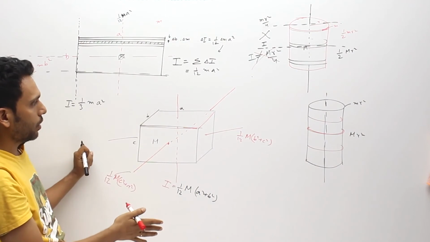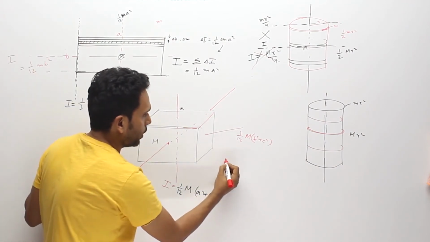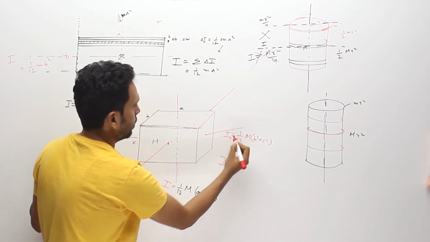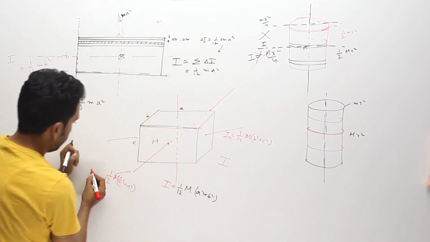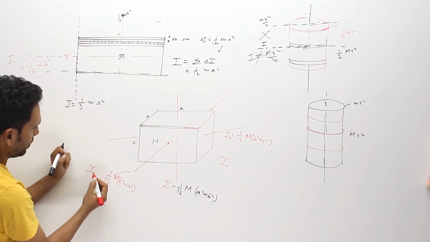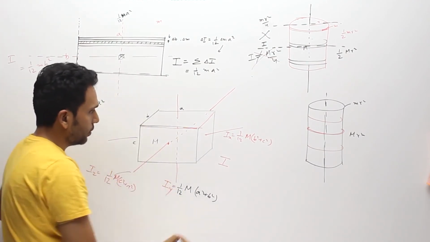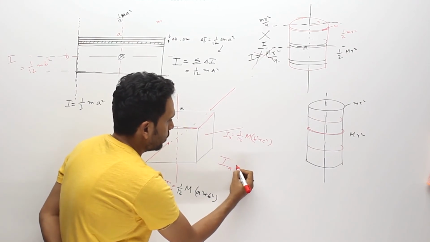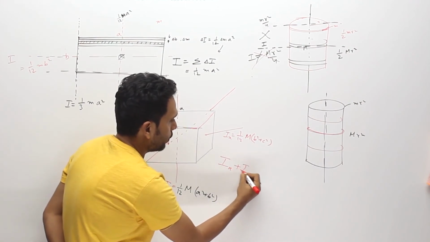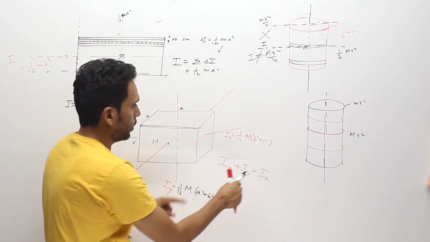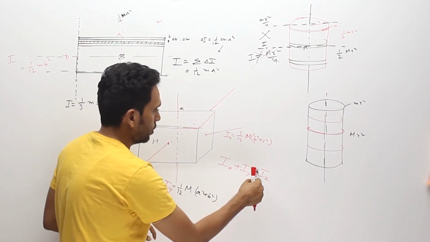All three are perpendicular to each other, but if I call this Ix, this one Iy, and this one Iz, then Ix plus Iy, or any two added, is not the third one at all.